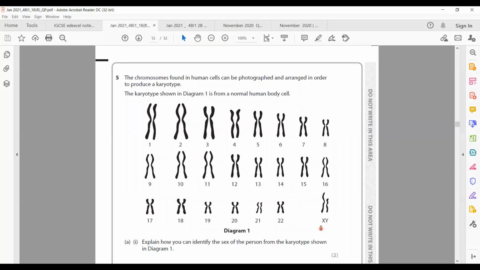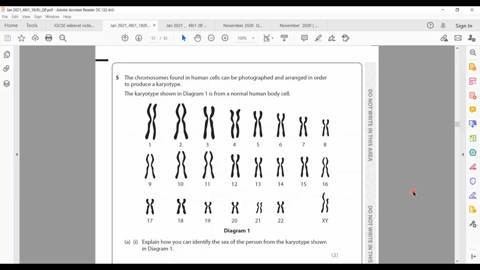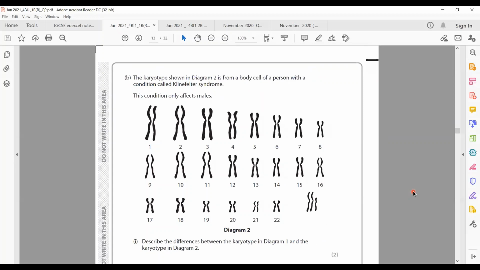X and Y. The long one is the X chromosome and the short one is the Y chromosome. So this one, diagram number 2, it has 2 X chromosomes and 1 Y, but diagram number 1, it has only 1 X chromosome and 1 Y chromosome. So you can also say that for diagram 2, there are 47 chromosomes.